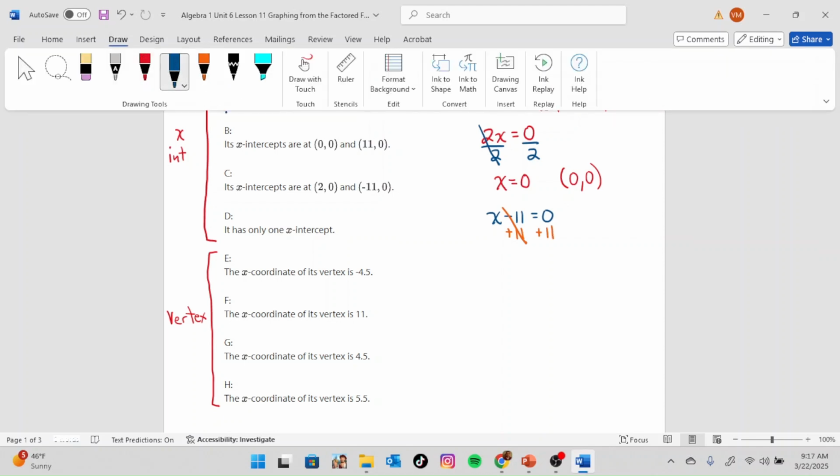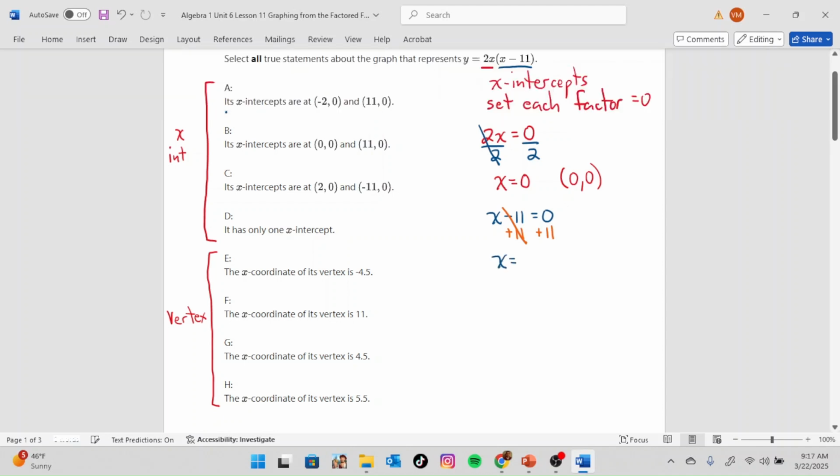I now get the answer that x equals 11, so my second x-intercept is going to be at the coordinate 11, 0. So now I know that my first one is at the origin 0, 0. I know that my second one is at the point 11, 0. That matches choice B. So B is the correct answer out of the top group.